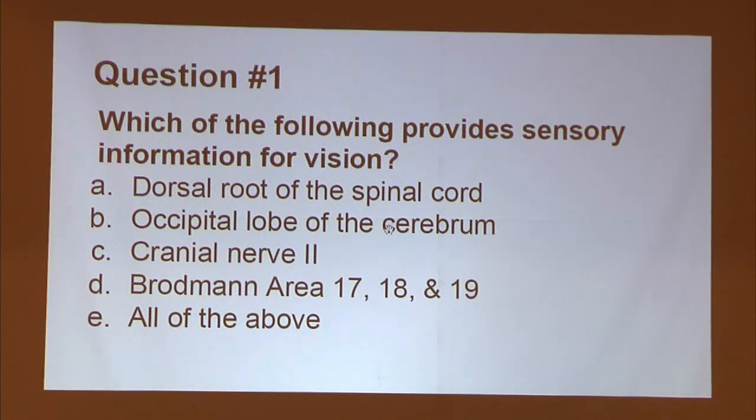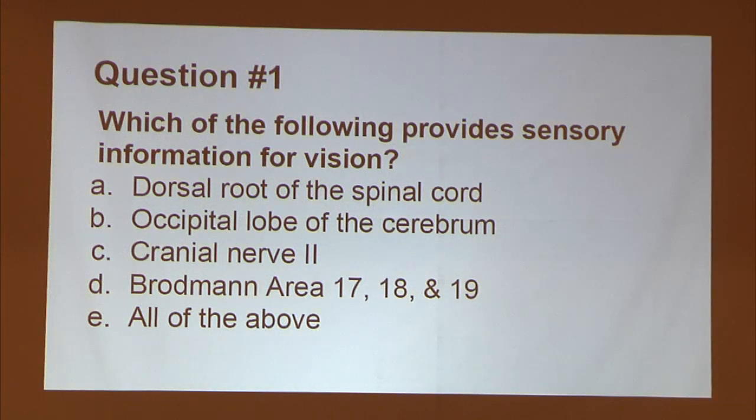That's where we're interpreting it, and where we're piecing it together. That's what the brain is doing there. And then Brodmann area 17, 18, 19 would be part of the occipital lobe, but it's again where the information is processed, not where you get the information. So you're not sensing anything in your brain, you're sending things from your senses to your brain, and you're doing that based on the optic nerve, cranial nerve 2. So for this one, it would be C.